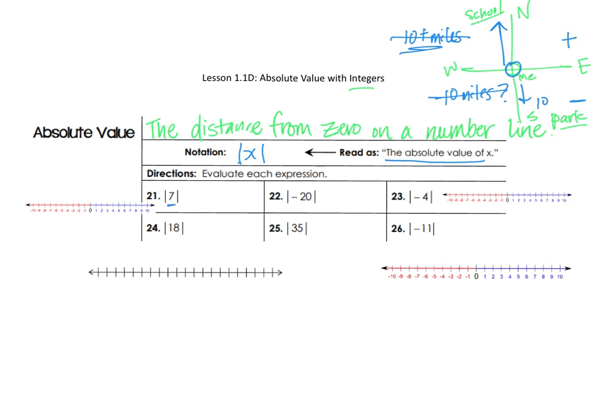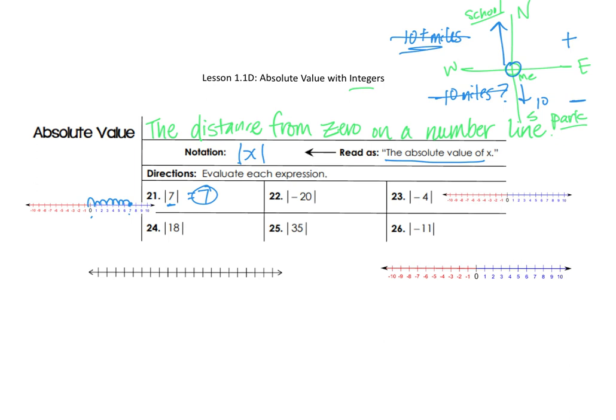So if I take the absolute value of 7, the answer is positive 7 still, but why? We're asking, look at this little number line I have next to it, how far away is this 7 from 0 on the number line? If we count backwards, 1, 2, 3, 4, 5, 6, 7, it is 7 units away. So that's why it stays positive 7, because 7 is 7 units away.